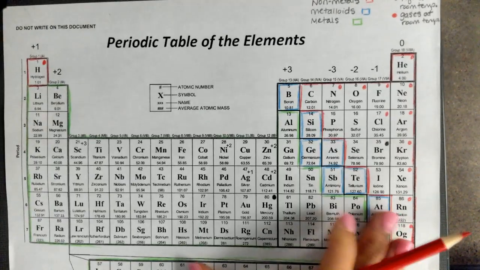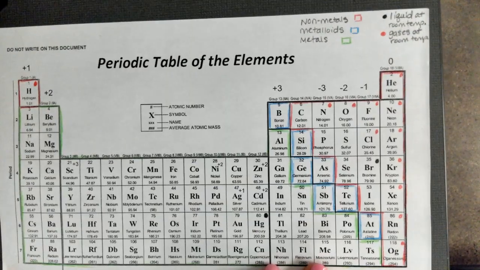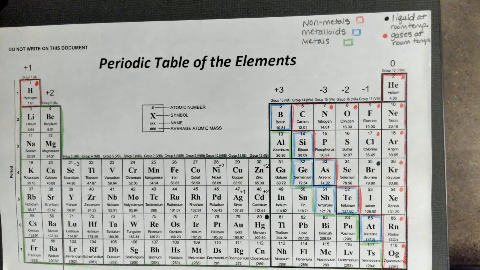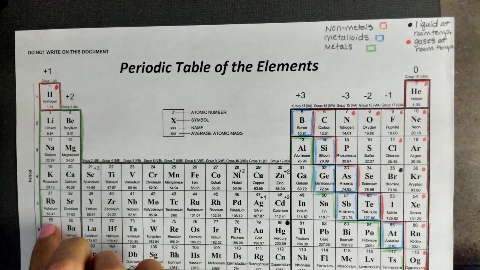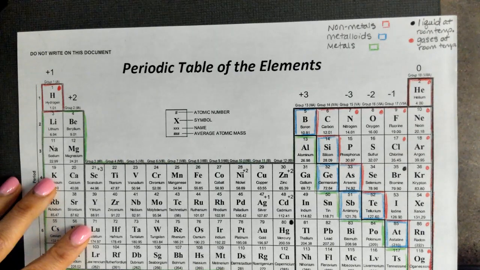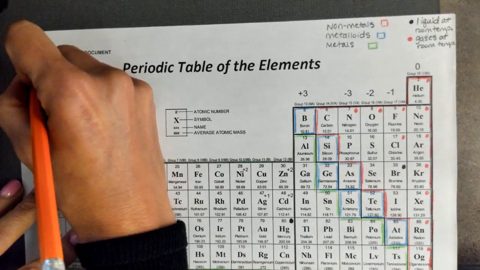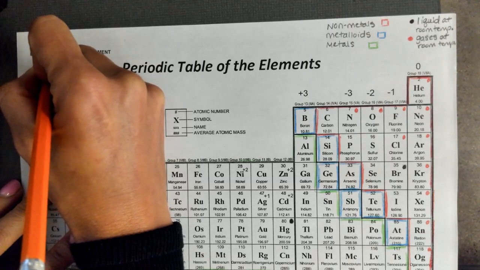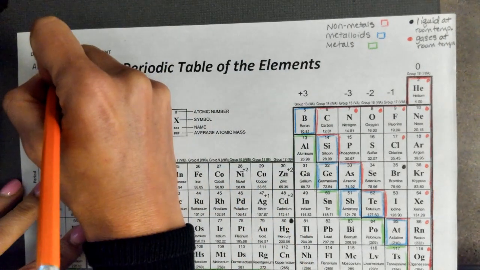element is a solid at room temperature if there is not a black or a red dot in the box. Okay, now we're going to move to column 1. So column 1 over here, we want to label it, and we are going to label it alkali metals. A-L-K-A-L-I, metal.